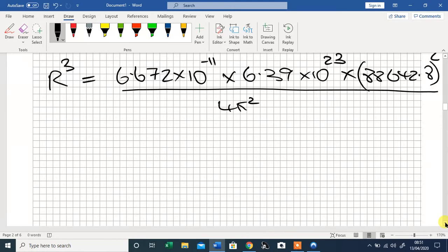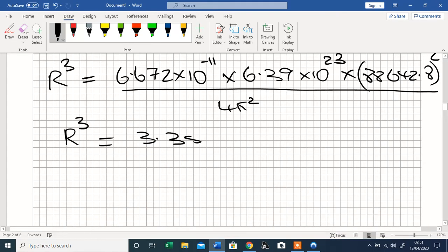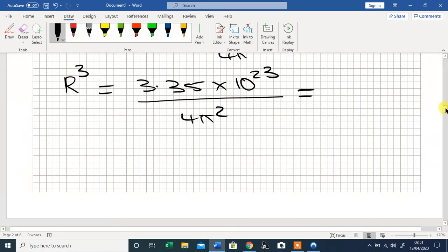So that top line comes out to be equal to, I'll put the r cubed there again, r cubed is equal to 3.35 more or less times 10 to the 23 divided by 4 pi squared, and that comes out to be, in fact actually we'll write it underneath because I want to label the equation.